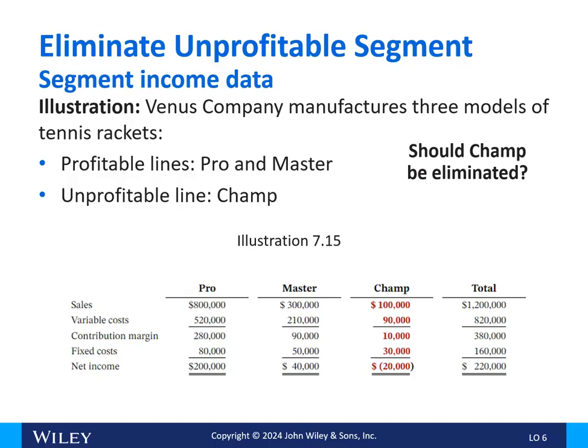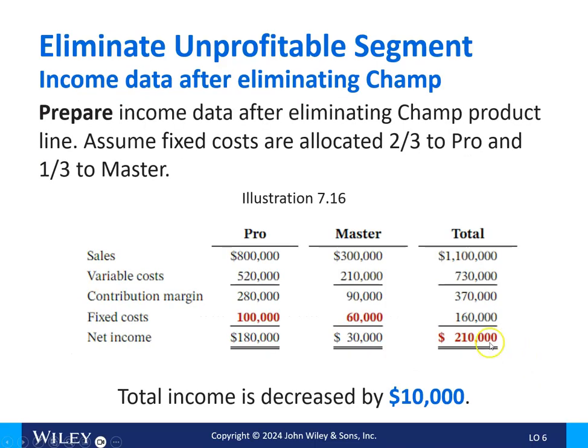So our total fixed cost, just by eliminating that model, doesn't change. We just have to reallocate it to the remaining products. So that $160,000 that we see here for fixed cost, when we look at it without the Champ, we still have that $160,000 of total fixed costs, just reallocated. So our total net income decreases if we do that.